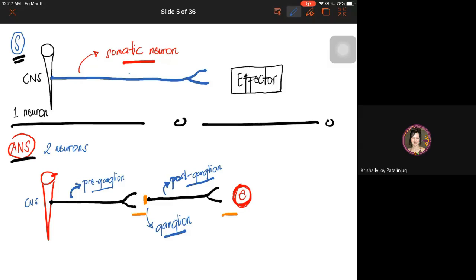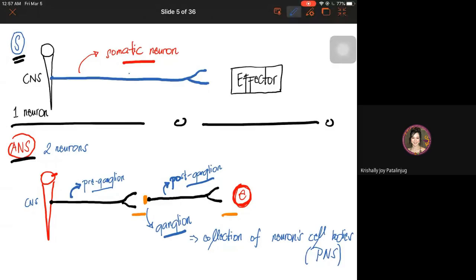Now, in particular, the ganglion is defined as the aggregation, or specifically collection, of neuron cell bodies that are particularly located in the peripheral nervous system.